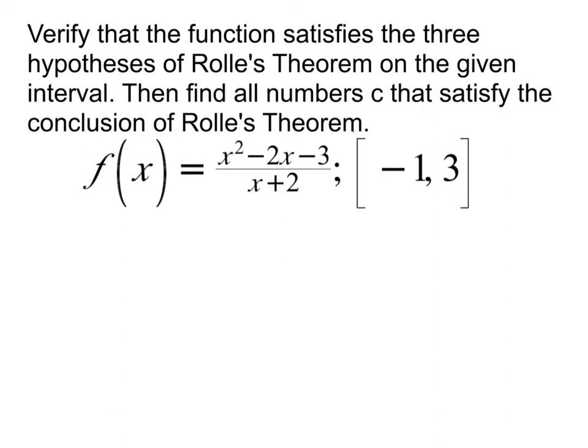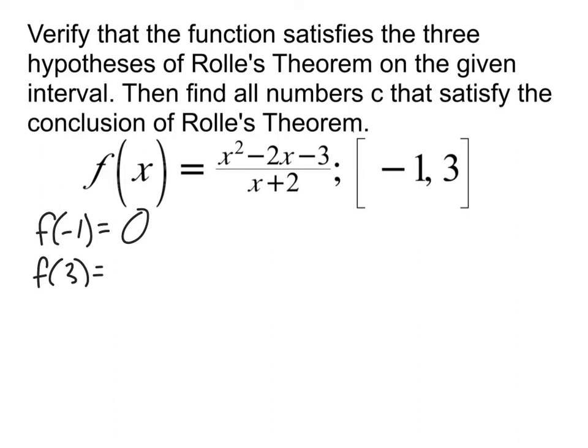But now the last part. We need to actually check those f values. So I need to know what f of -1 is, and I need to know what f of 3 is. Because in order to use Rolle's theorem, they have to be the same. So go ahead and check them. What are each of those values? If all has gone well with those calculations, for f of -1, you should get 0.